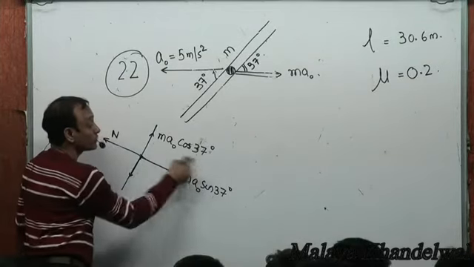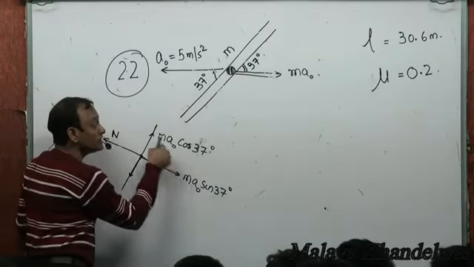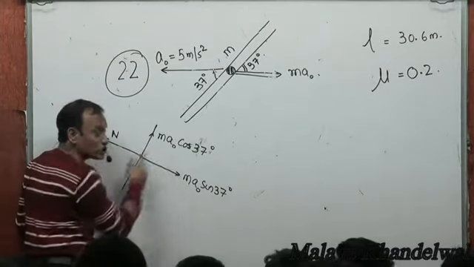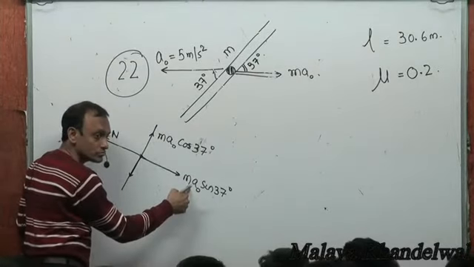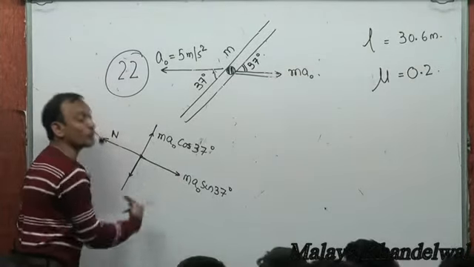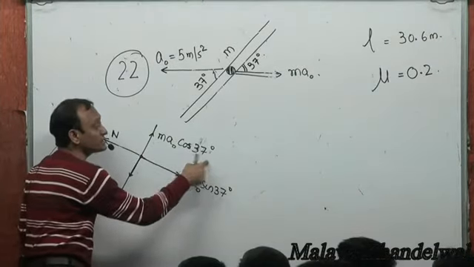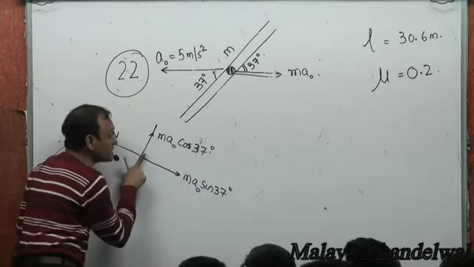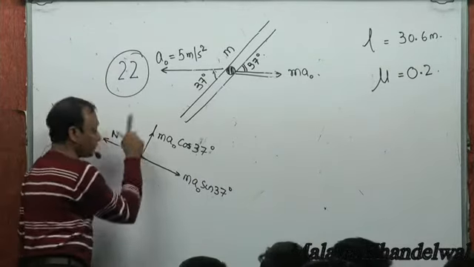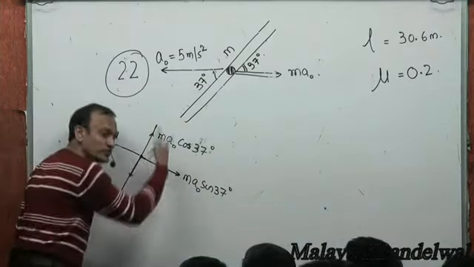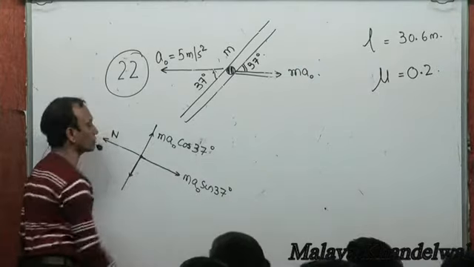And by the way, if you deploy the pseudo force, you get the relative acceleration along the rod. So a naught cos 37 degrees will be part of the relative acceleration along the rod.